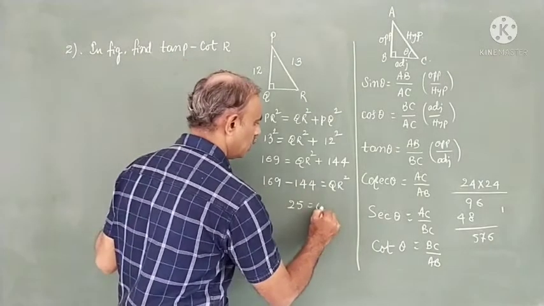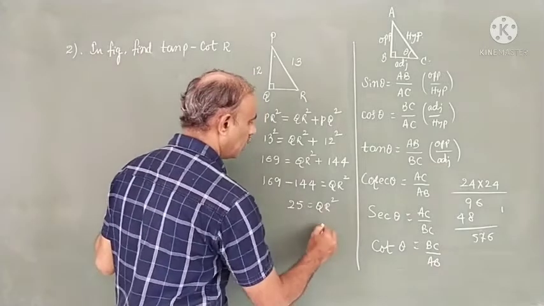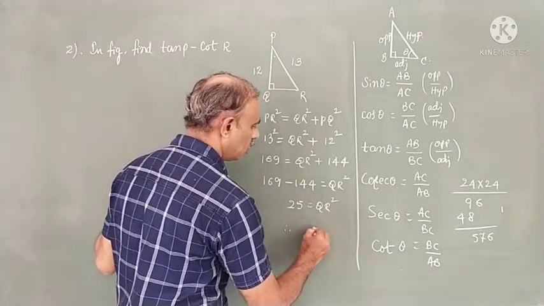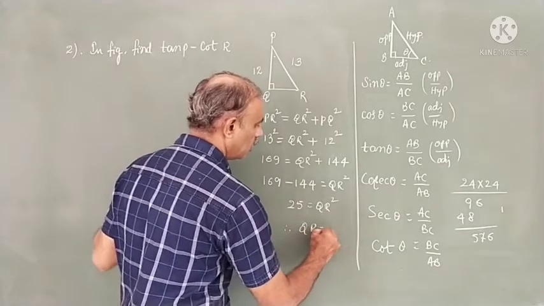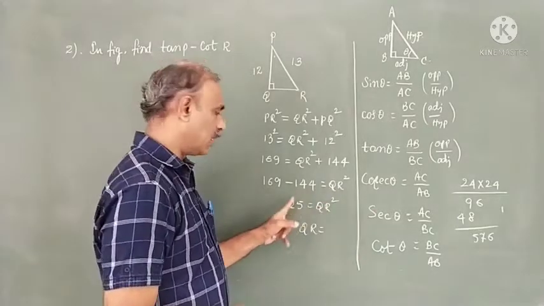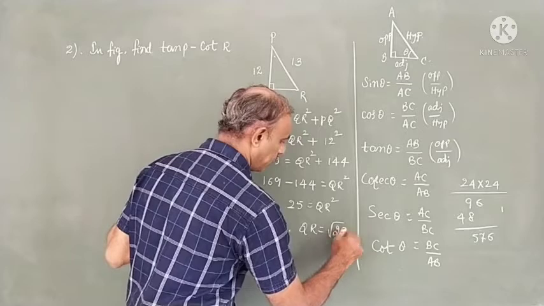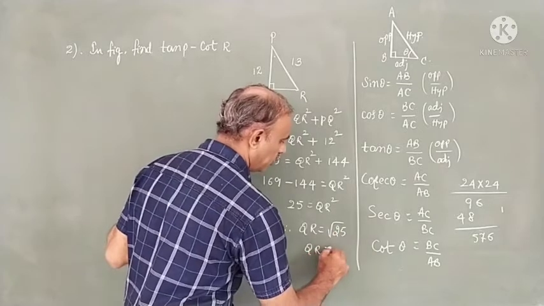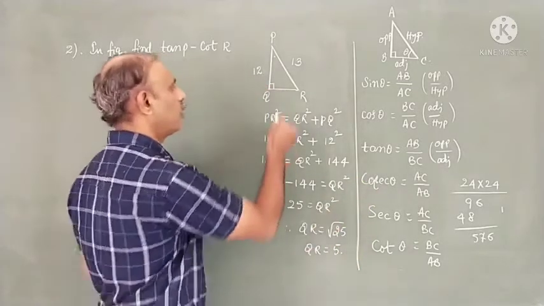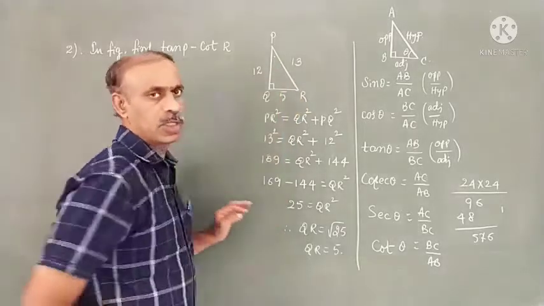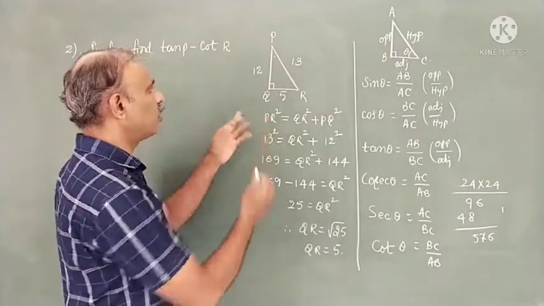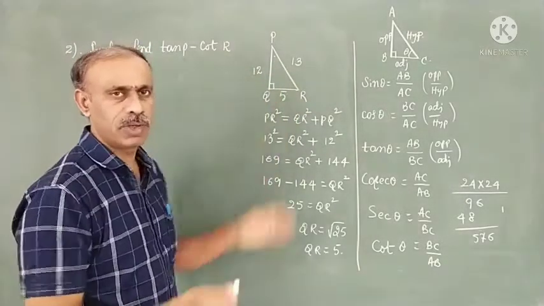This is equal to QR square, or QR is equal to the square root of 25. So QR value is how much? 5. So first you need to find this. Afterwards, once you know all three sides, any ratio you can easily find.